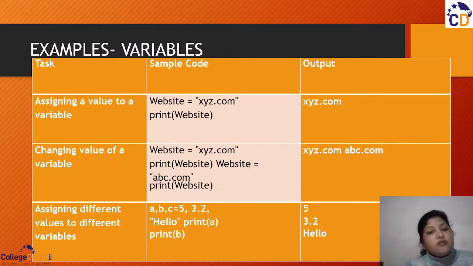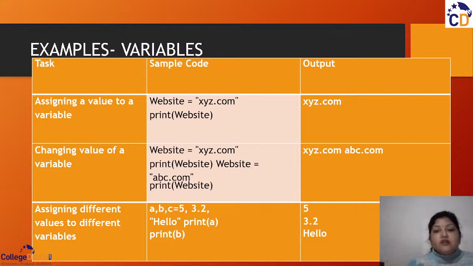Let's talk about some numbers also. We were just talking about strings or characters in this. Now, assigning different values to different variables. How to assign different values to different variables? Let's see. A, B and C are equal to 5, right?